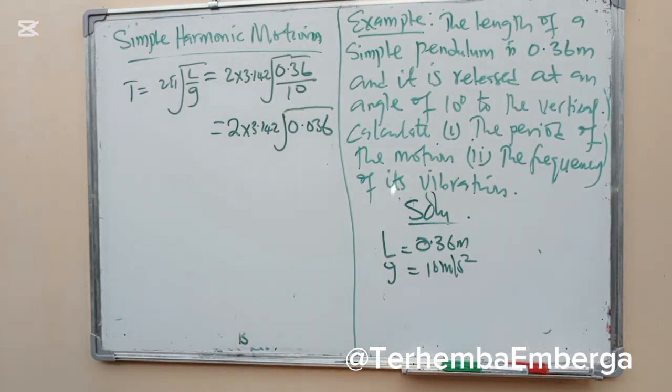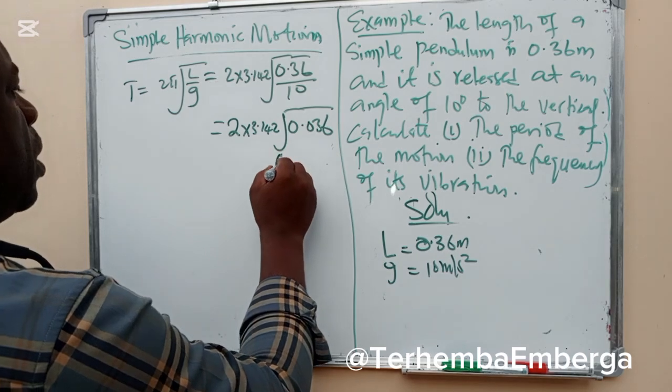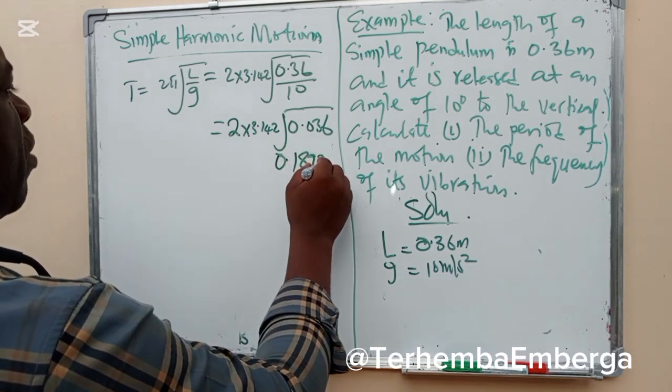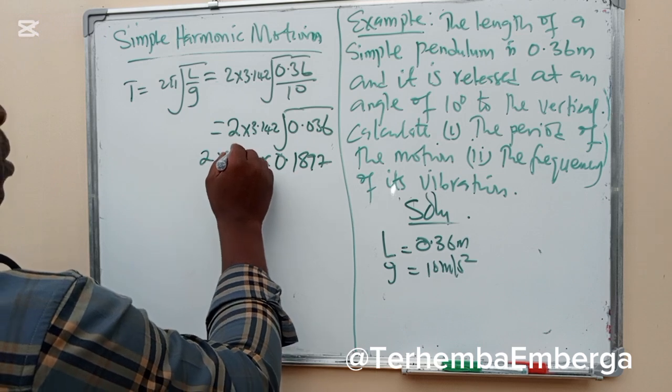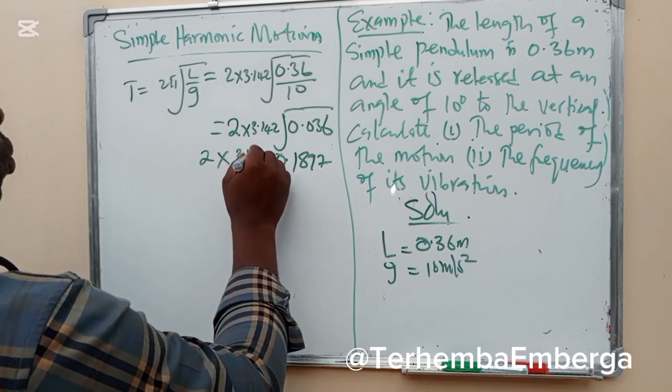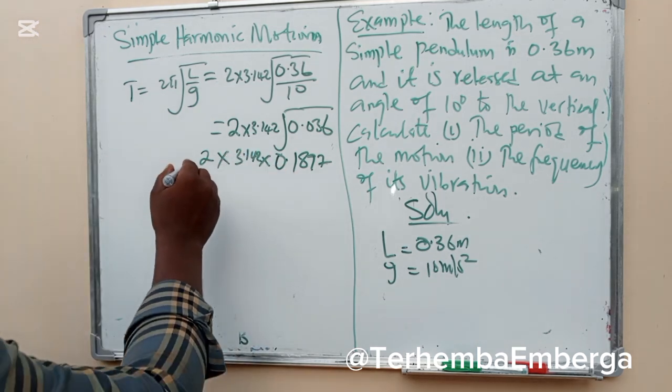By the time we take the square root of 0.036, we have 0.1897. 0.1897 times 2 times 3.142.